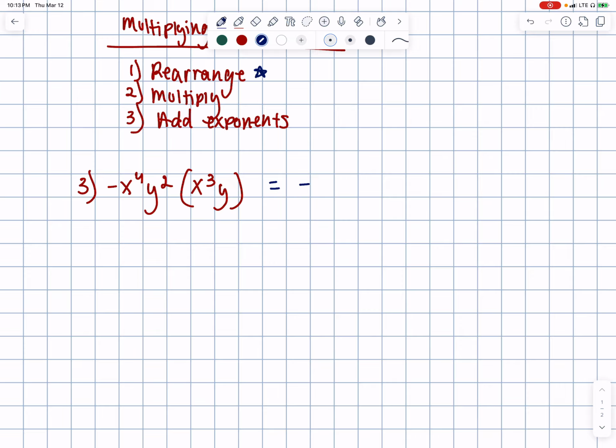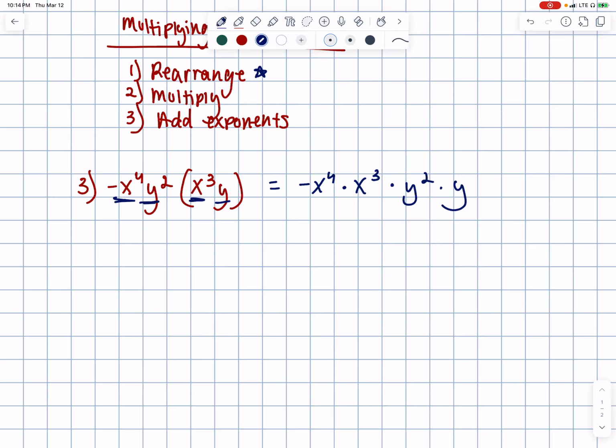So we got negative x to the fourth power, that's from here, times x to the third, and that's from there, okay? That's how I'm rearranging it. And then kind of like reading a book, I'm going to go back here, y times y to the second, and then times y, okay?